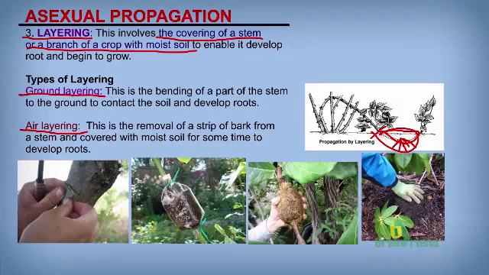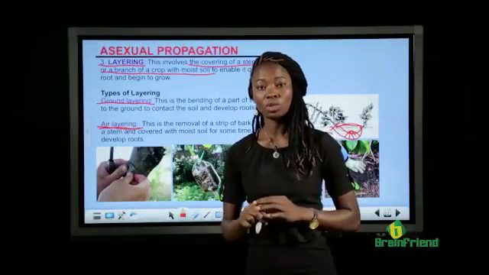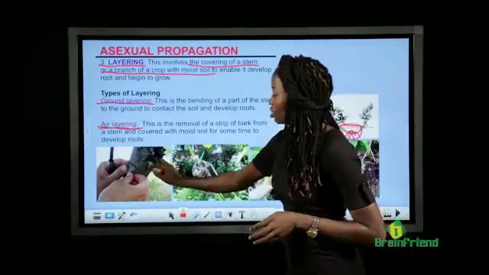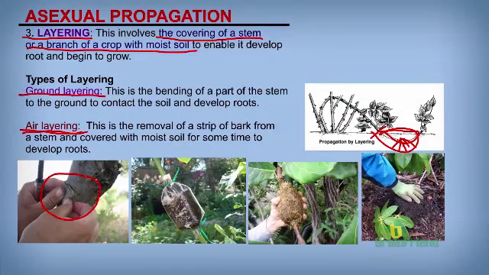The second type, air layering. In air layering, the stem is not bent towards the soil. Rather, the farmer cuts a strip of bark from the stem of a crop. He covers it with soil and leaves it for a period of time, say about 2 weeks.